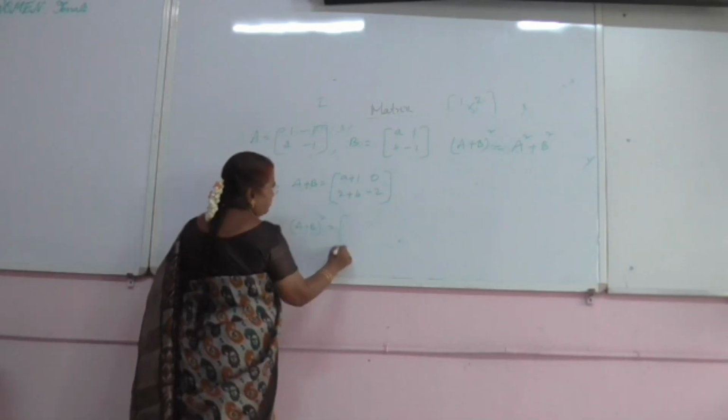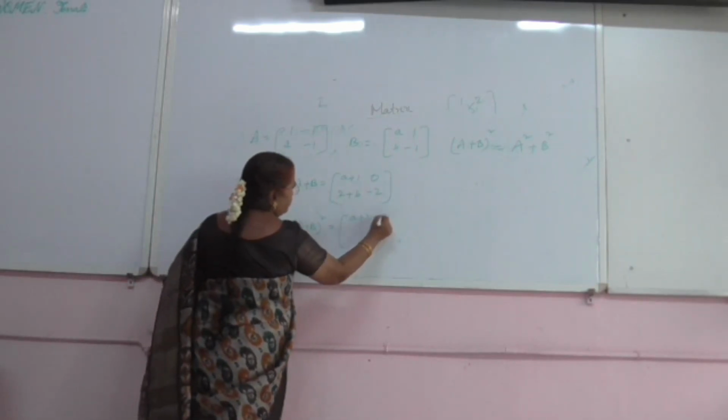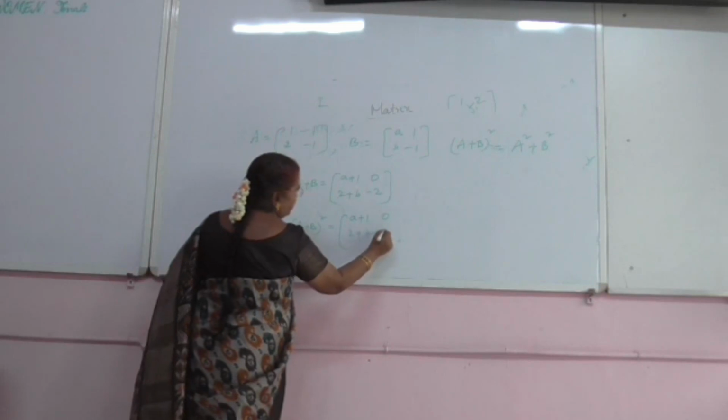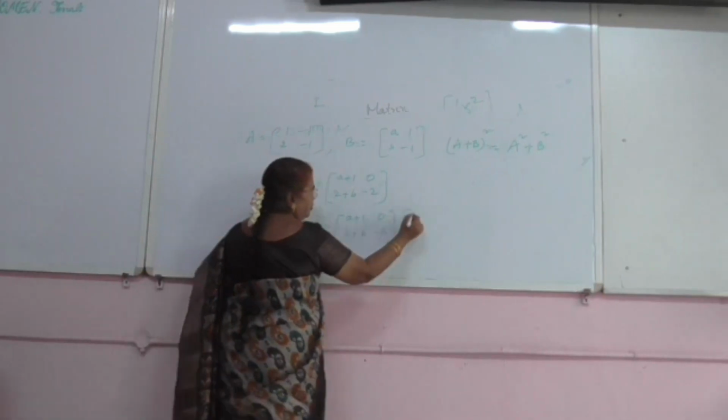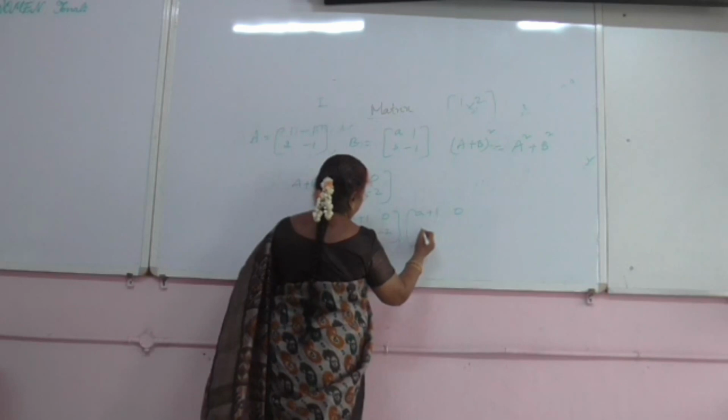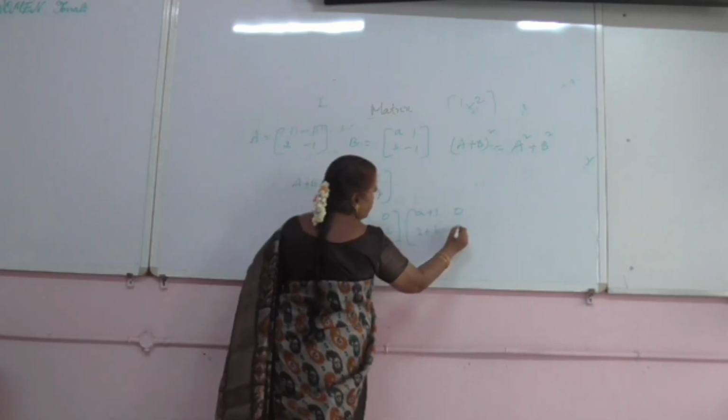Then A plus B whole square equal to [a plus 1, 0; 2 plus b, minus 2] into [a plus 1, 0; 2 plus b, minus 2].